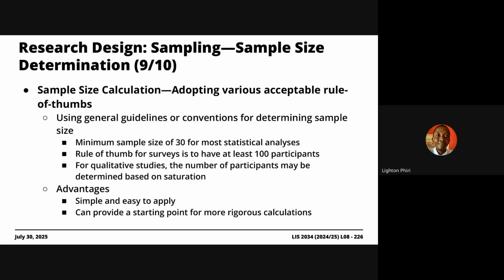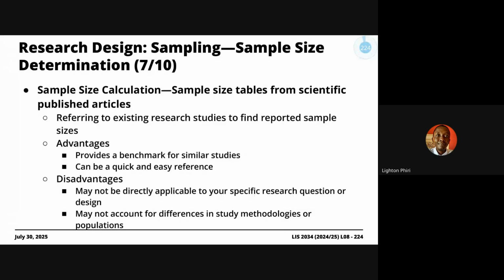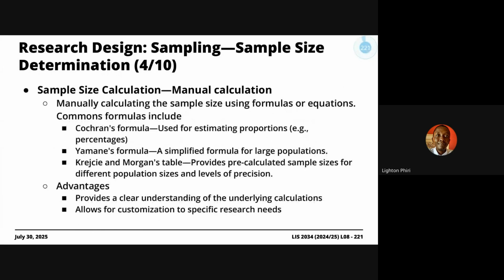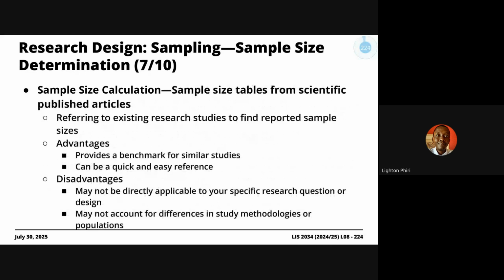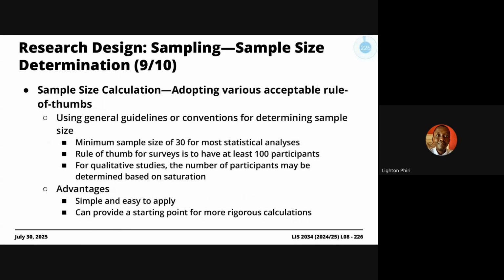So it turns out that using rules of thumb can be advantageous in that it is simple, isn't it? You don't have to start reading up on what is Cochran's sample size formula or Yamane's formula. All you're doing is latching on to what is being stated.